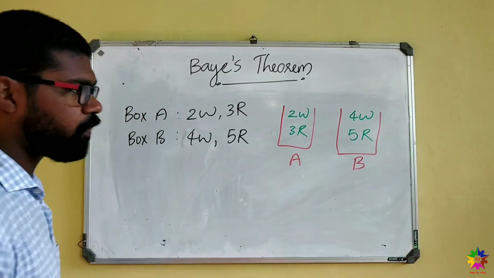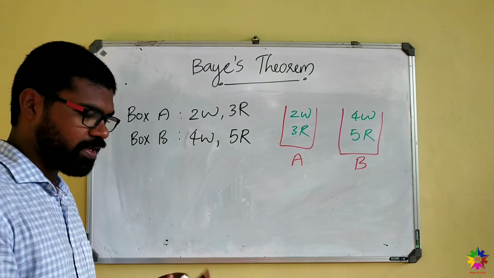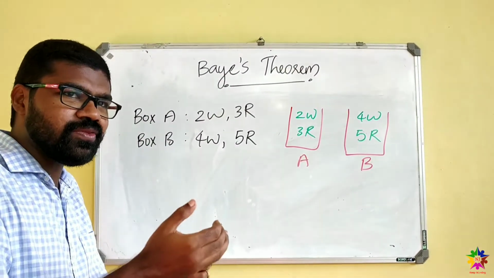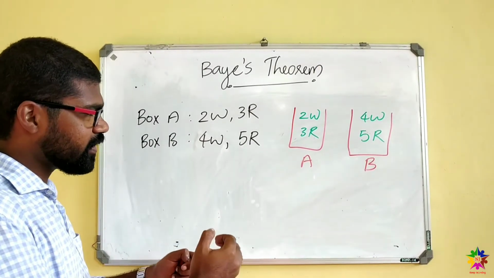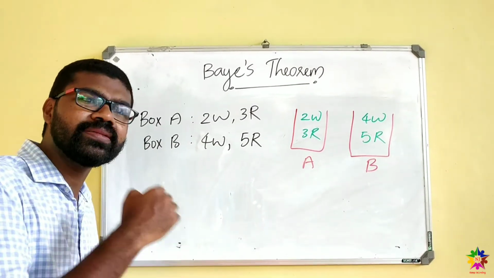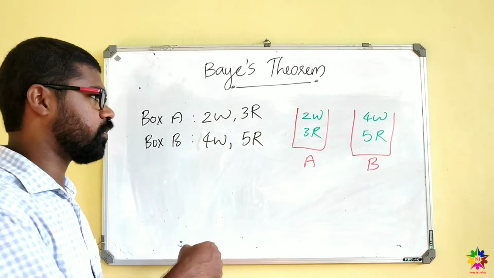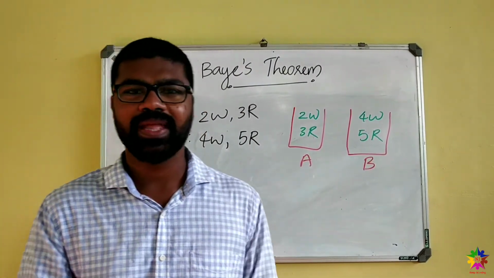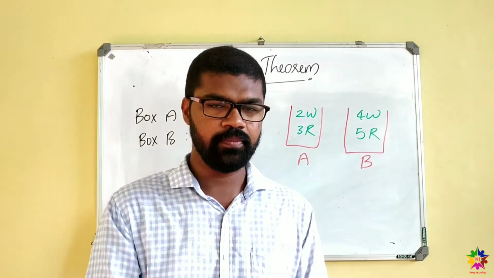Let's see the question once again. We have randomly chosen one red ball, and the question is, what is the probability that it was from the second box? Before that, we have to see the normal probability and conditional probability before finding the Bayes' theorem.